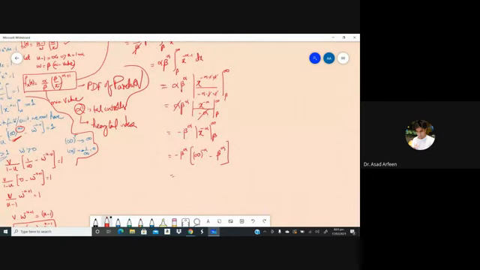So how to get rid of this infinity here? The same, sir, as in the first derivation: 1 over infinity to the power alpha equals 0. I think we need to do something here.